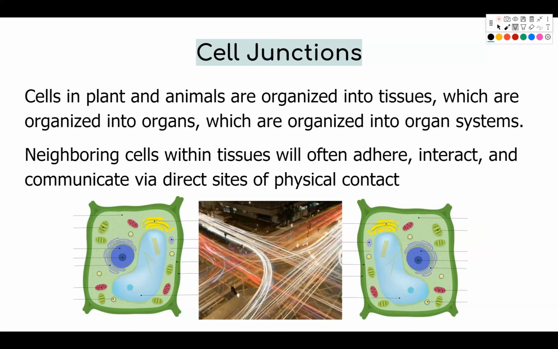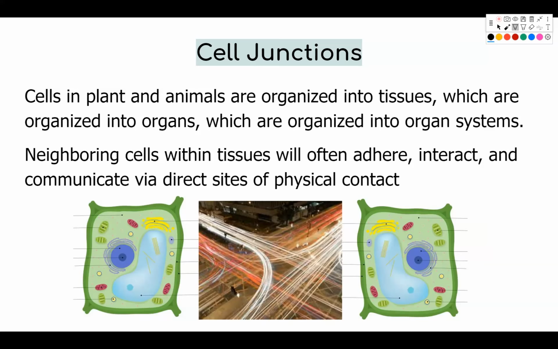The reason we have these junctions is that they help cells get organized, right? Cells are organized into tissues, which are organized into organs, which are organized into organ systems, which will organize into an organism. If we wanted to go backwards, like a human being, if we want to focus on our digestive system, then we focus on our organs. In our digestive system, that's stomach, small intestine, large intestine, all that fun stuff.